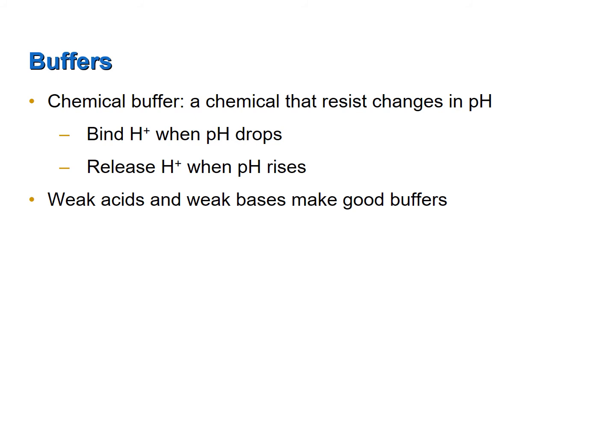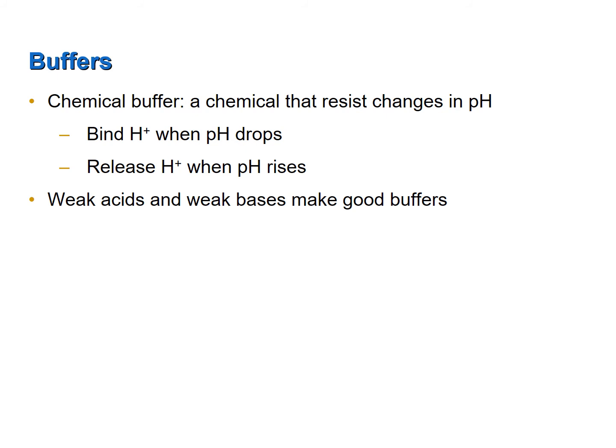So why is it important to understand weak acids, weak bases, strong acids, strong bases? Well, weak acids and bases make good buffers, and buffers are chemicals that resist changes in pH. How do they do that?